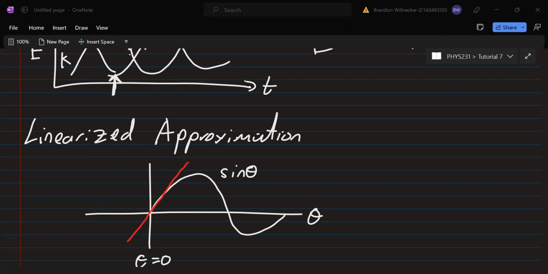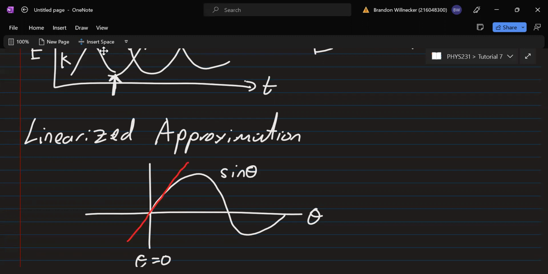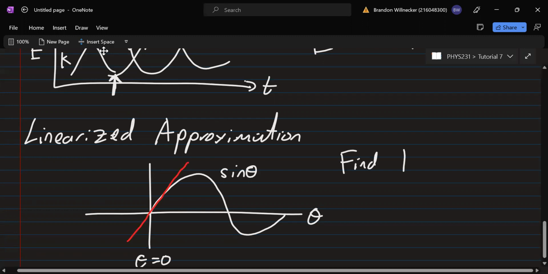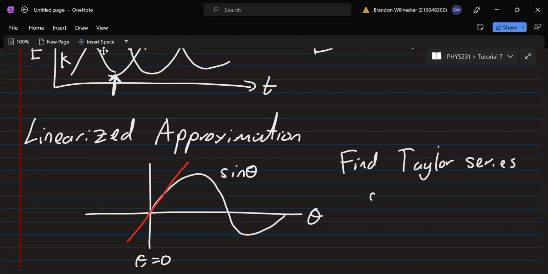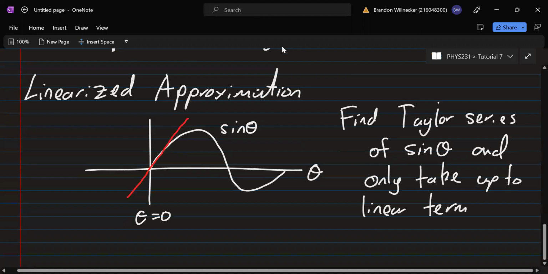We can see that if we find the Taylor series of sine theta and only take up to the linear term. So we have the constant term and the linear term.